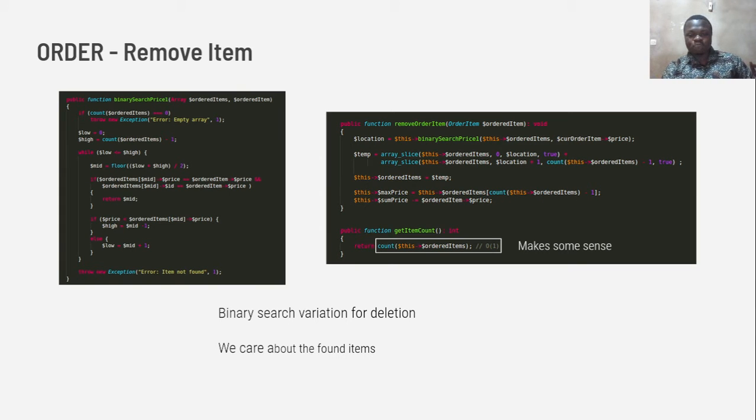Another addition, here we have a get item count, which returns a count of the list. I think this makes sense because the issue we raised a few minutes ago was that the previous mutators were forgetting to update the metadata.